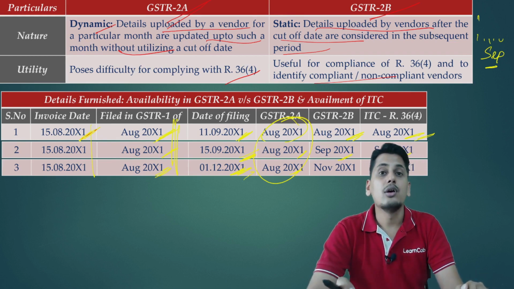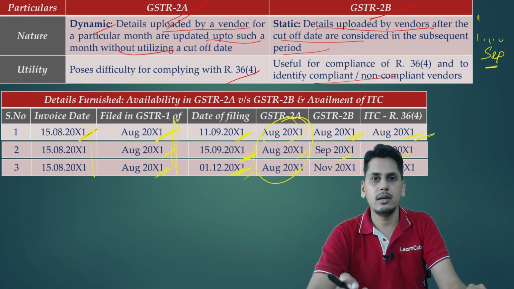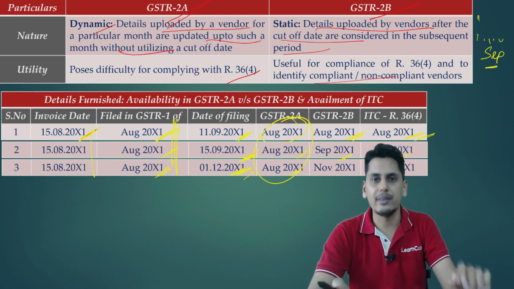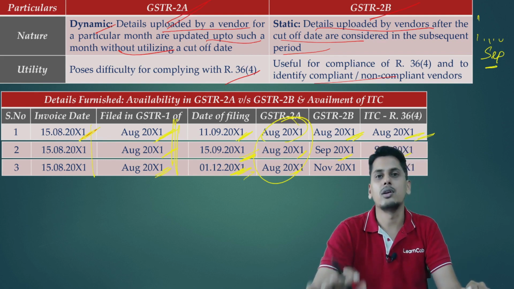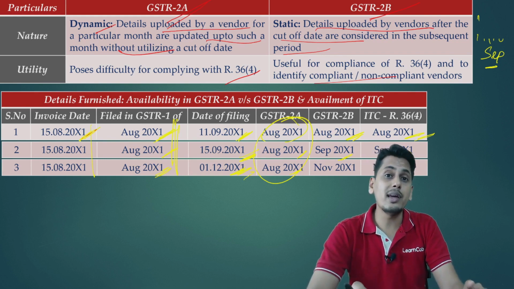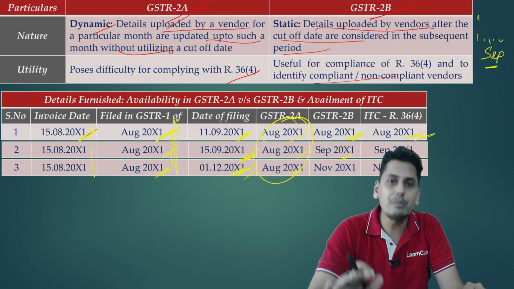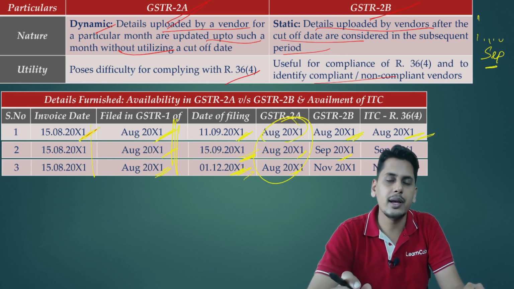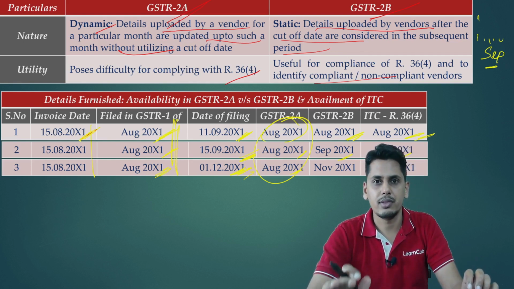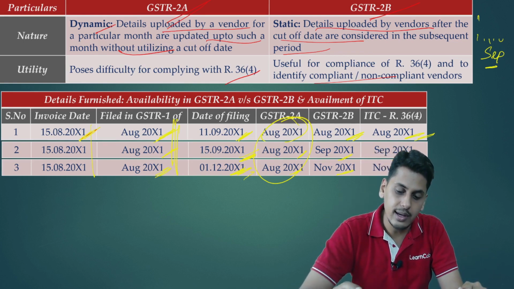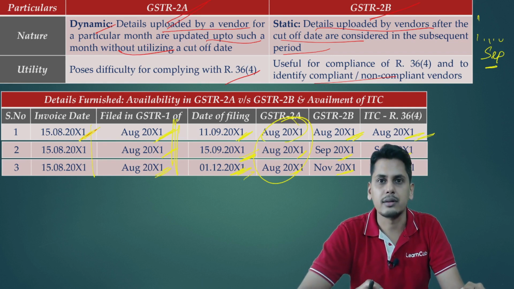No. For it to appear in 2B of October, it should have been filed by 11th of November. Is it done? No. For it to appear in 2B of November, it should have been filed by 11th of December. Is this done? Yes. So therefore, it would appear in 2B of November.